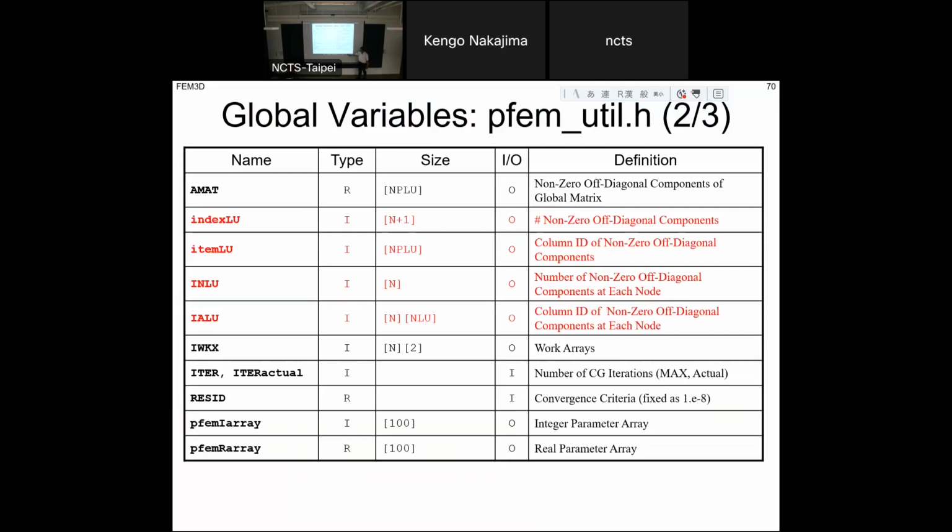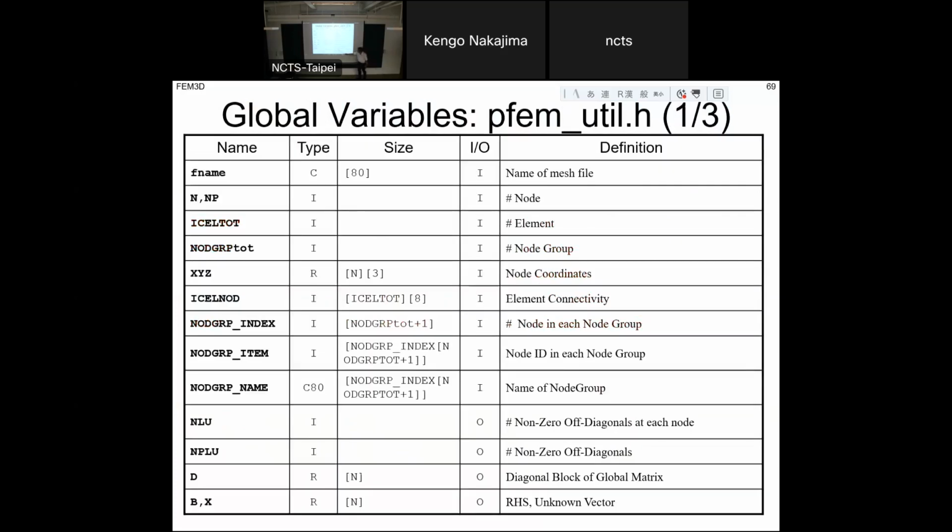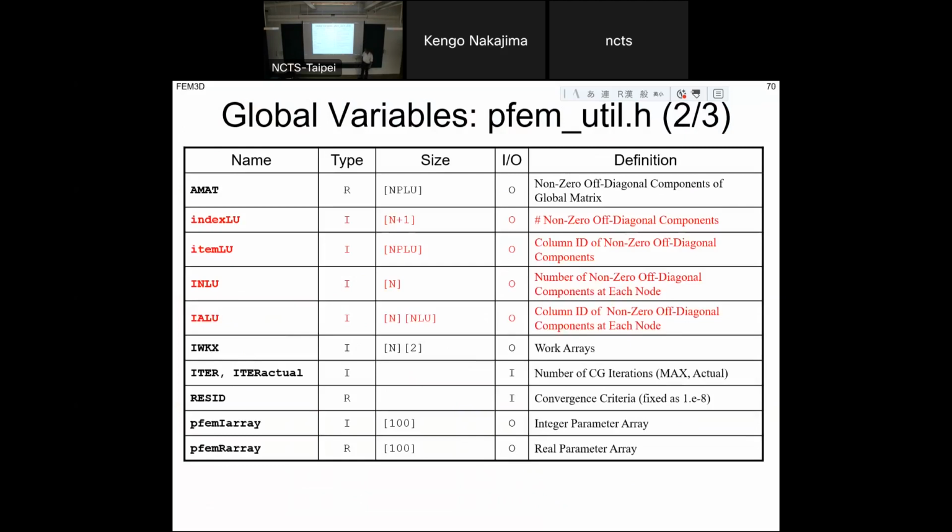Now you can see this is n by NLU. So NLU is defined in the previous page here. So actually, INLU and IALU correspond to the index LU and item LU. And so basically, these two are intermediate or auxiliary information.